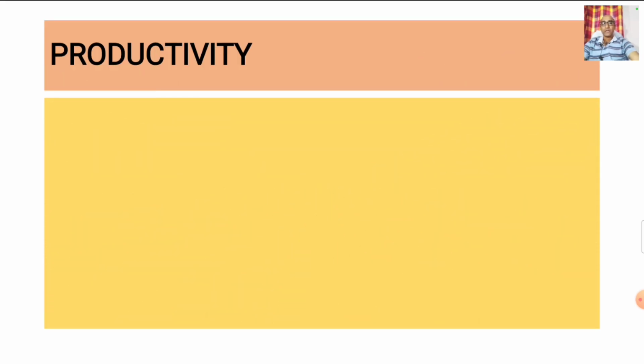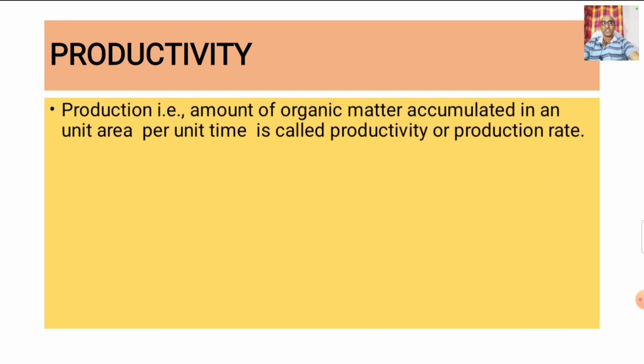As far as productivity is concerned, it is the production per unit time. That means the amount of organic matter that is accumulated in a unit area per unit time. It is known as productivity or production rate. So in a simple sentence we can say that productivity is nothing but the production per unit time. How can you express it?